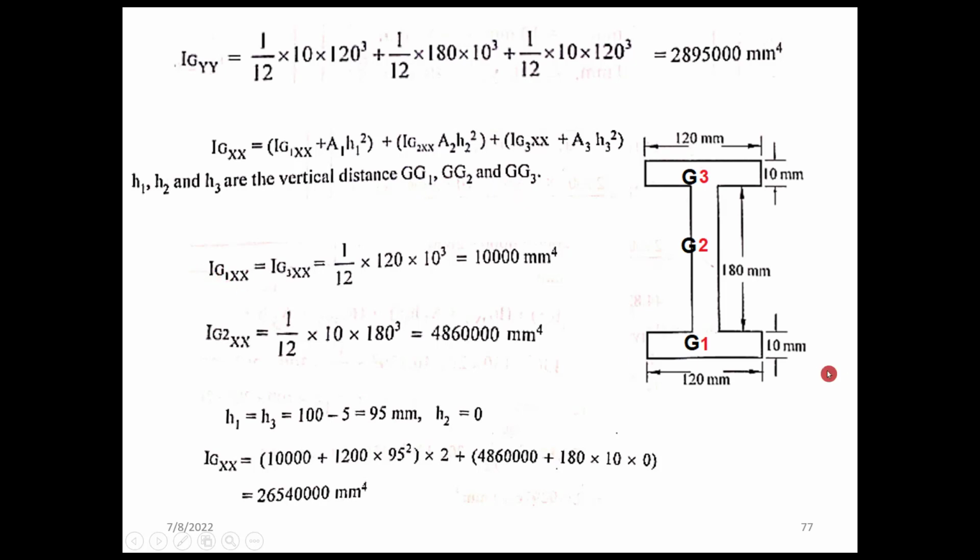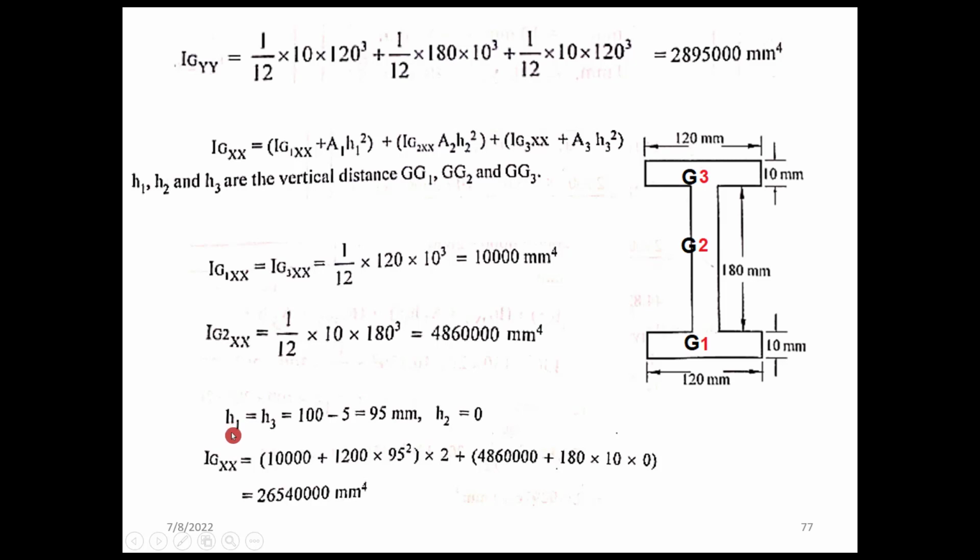So IG1XX is shifting the area 1 moment of inertia with respect to the centroidal axis G. That is 1 by 12 into base B D cube, so 120 into 10 cube. And IG2 is 1 by 12 into base width 10, into total height 180 cube.